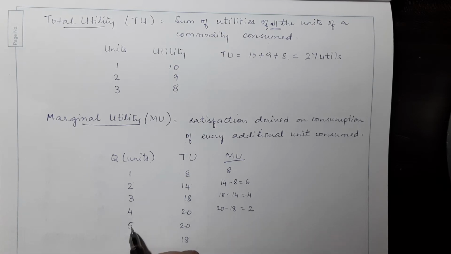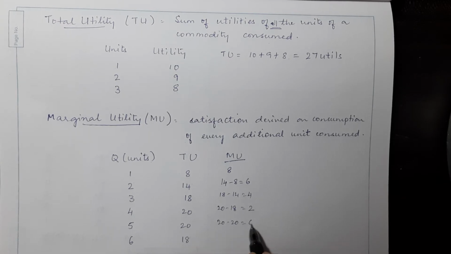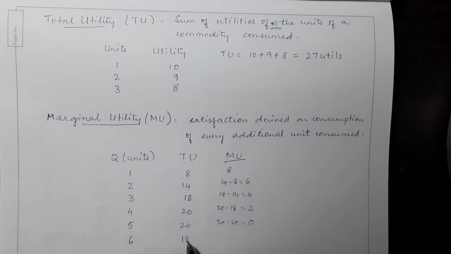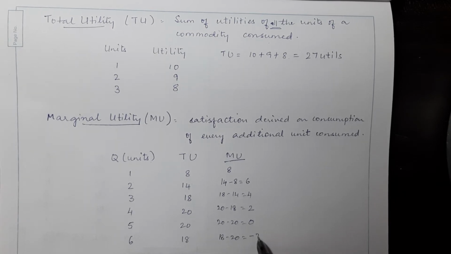Now on the consumption of the fifth unit, his marginal utility becomes 20 minus 20, which is equal to 0. On the sixth unit, it will drop further: 18 minus 20 is equal to minus 2. So that is how marginal utility is calculated.